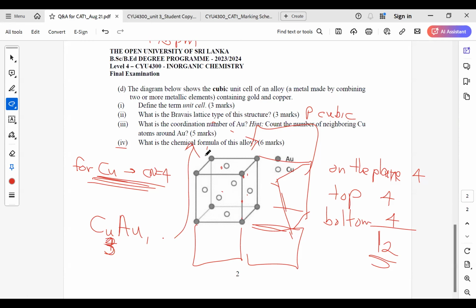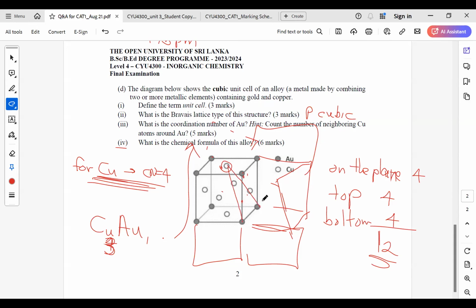Now your question, you wanted to learn the second part, where the coordination number for copper is 4. So easy, let's take this copper. For this copper, there are 4 closest gold atoms. If you consider the top or the bottom, the next gold atoms are far away from it. So we can't consider them as neighbors.